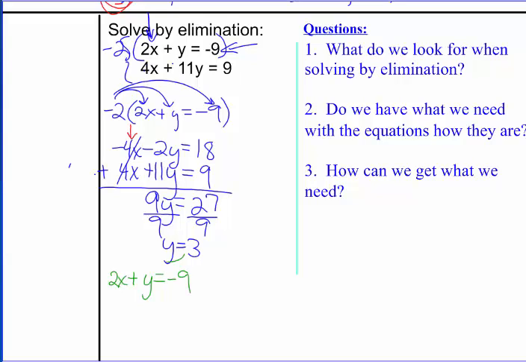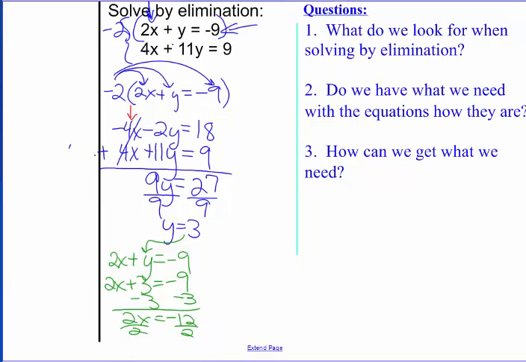And I know what the y number is, so I'm going to plug it right in there. So my y number is 3. So 2x plus 3 equals negative 9. Solve for x. So 2x equals negative 12. Divide by 2. And we get x equals negative 6. So now I have my x value is negative 6. My y value is 3. So the solution is negative 6, 3.